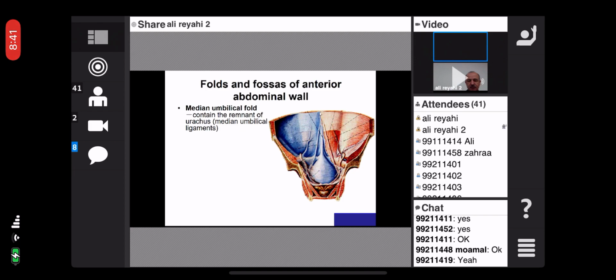In one half of this picture, the parietal peritoneum is present, and on the other side it is absent. This blue layer in this picture, the peritoneum, lines all surfaces in the abdomen, but here it's cut.